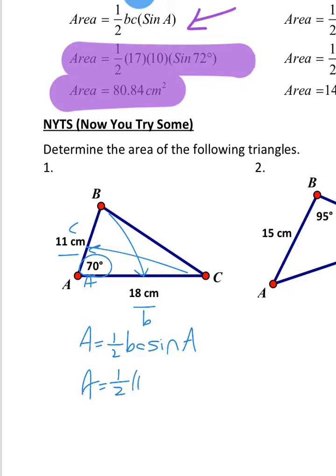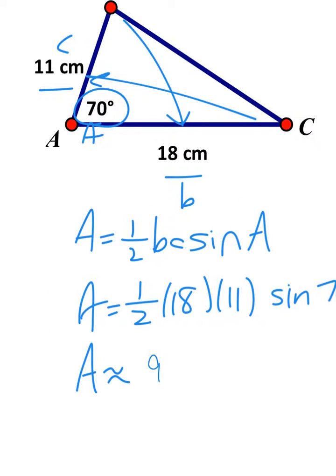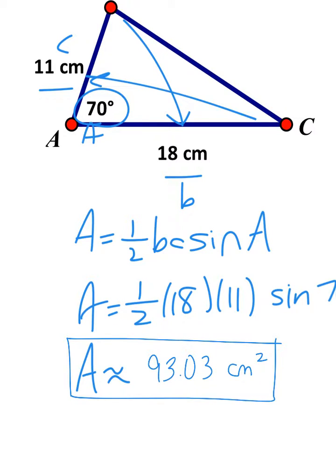And I have the side B technically is 18 times 11. It really doesn't matter the order that you multiply, you'll get the same product, times the sine of 70. And then from here you would calculate using your calculator. I'm going to go ahead and cheat and look at the answers at the bottom. I don't have my calculator on me, so you get 93.03. And then don't forget that label. We are looking at square units here for area of 93.03 square centimeters.